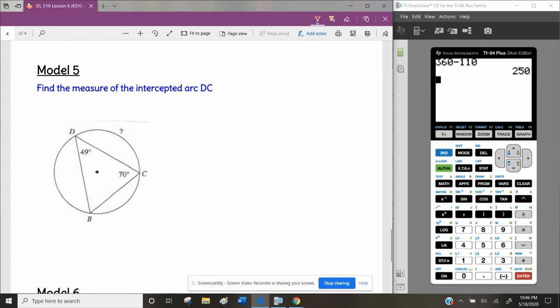So for model number 5, we have 2 options here. I believe this is how this works out. I guess we'll find out. So we do have a triangle inscribed in a circle, and we know that the angles in a triangle have to sum to 180. So we can use that to get the inscribed angle B, and then we can double that angle B to get arc DC, because we know the measure of angle B is 1/2 the measure of intercepted arc DC.